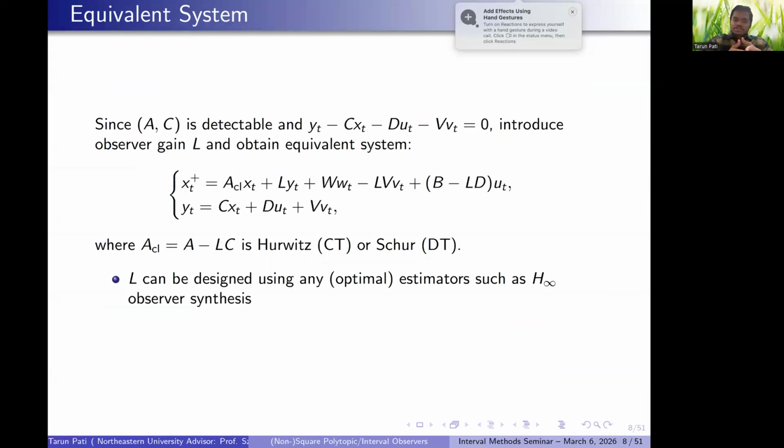So to start with, since A and C are detectable, that means we can always introduce the observer gain L and construct an equivalent system as given here. When we take ACL as the closed-loop state matrix, since it's a detectable linear system, we can design L using any standard optimal estimator, such as H infinity optimal observer synthesis.